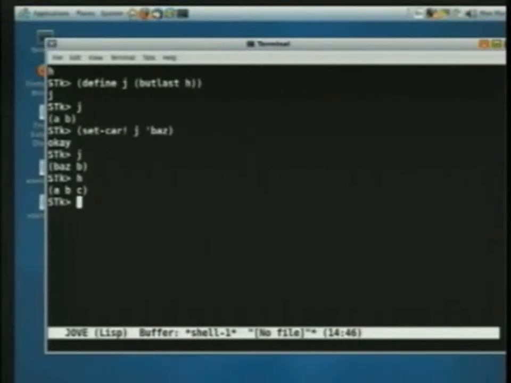So given set!, the way we could implement set-car! and set-cdr! is, remember way back in chapter 1, they said we could define pairs using lambda. And they did what you later learned is message passing.